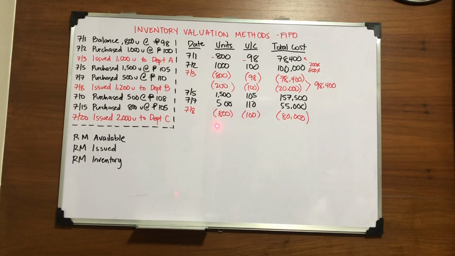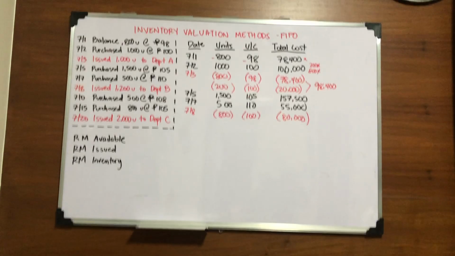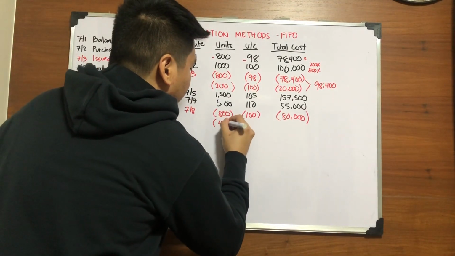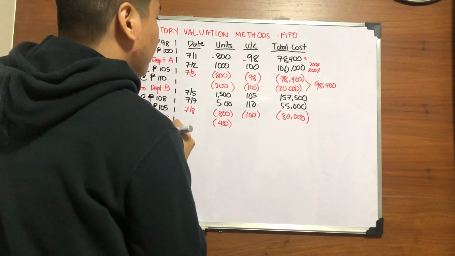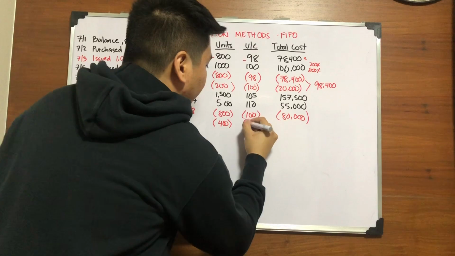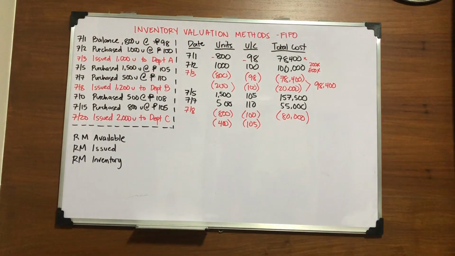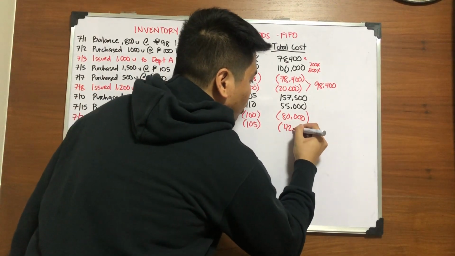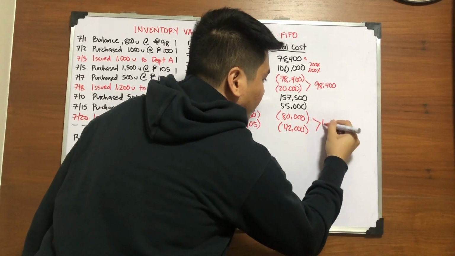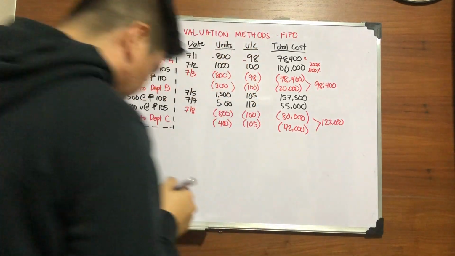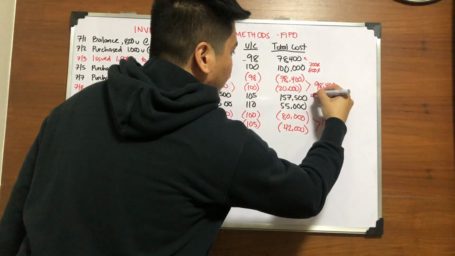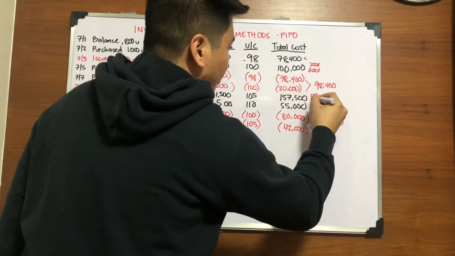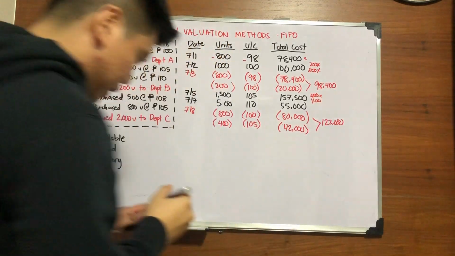So let's get the 400 units from the July 5 transaction at 105. 400 times 105 gives us 42,000, plus 80,000, we will get 122,000. Clear? Side note again: we already consumed 400, so let's cross this out. There's just a remaining 1,100 units.